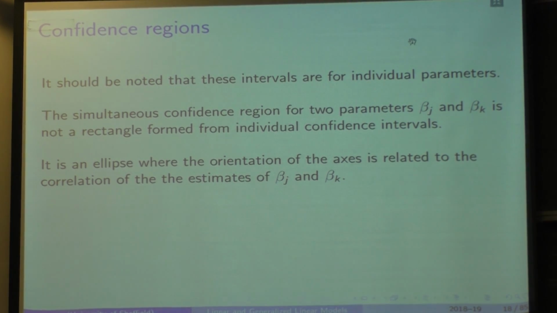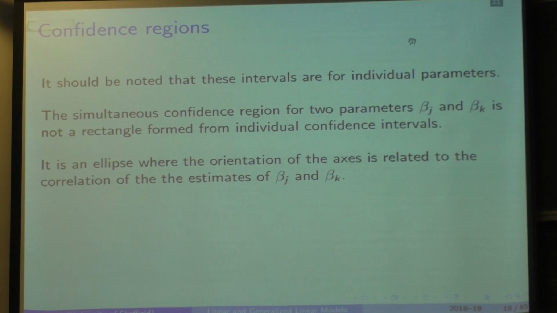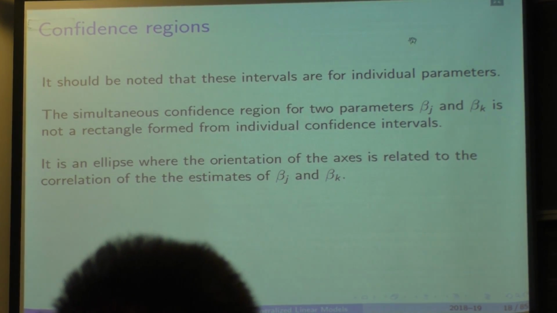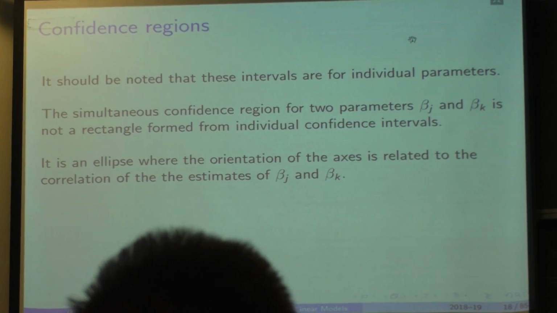So that means that if your gradient is a little bit less than your estimate, then the intercept is probably a little bit more than your estimate. And so that orientation is reflected in this ellipse.